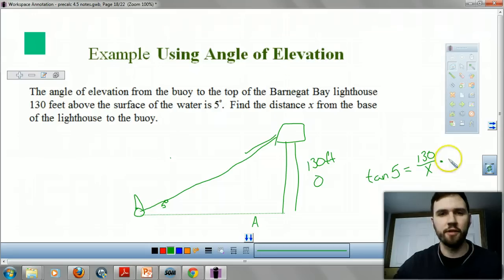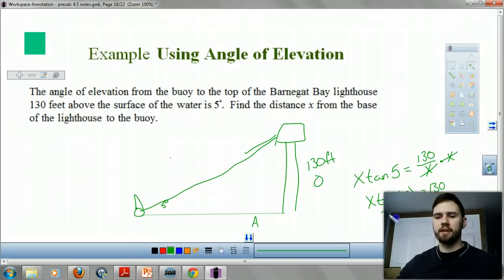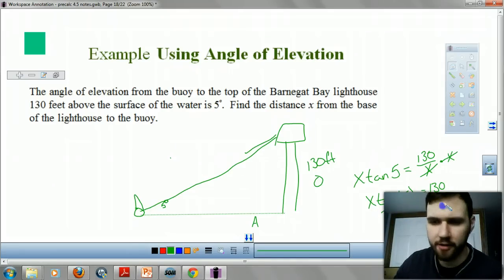So first things first, we're going to have to multiply both sides by x. So x tan of 5 equals 130. So we divide both sides by tan of 5, and we get our answer.